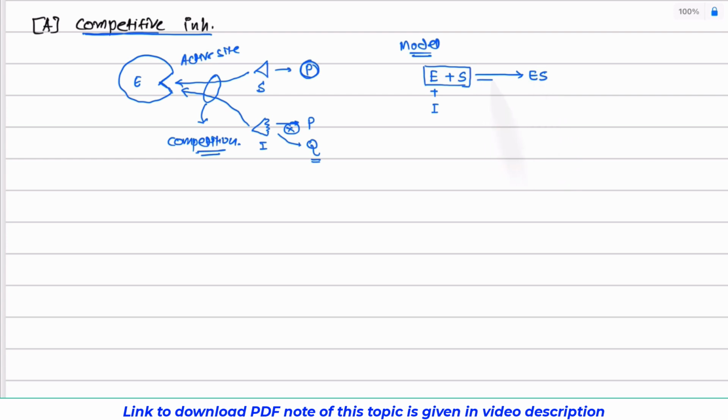And this ES complex formation is a reversible process. Once the ES complex is formed, it can lead to liberation of free enzyme and successful product formation, right? Whereas when the enzyme binds with the inhibitor molecule, we know that at that time it cannot bind with the substrate. So when the enzyme binds with the inhibitor molecule, it leads to formation of the EI complex.